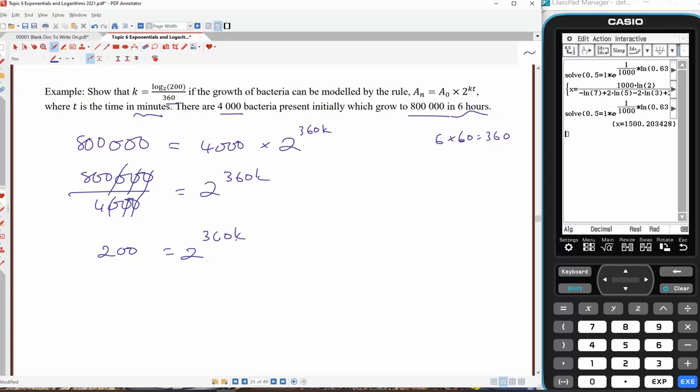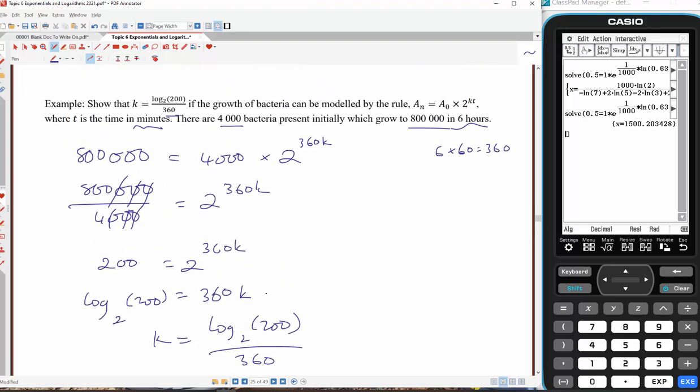Now we need to make k the subject, so we'll go to log form. Log 2, 200 equals 360k. K equals, so they've just divided by 360, so log 2, 200 over 360, and we found the k value.